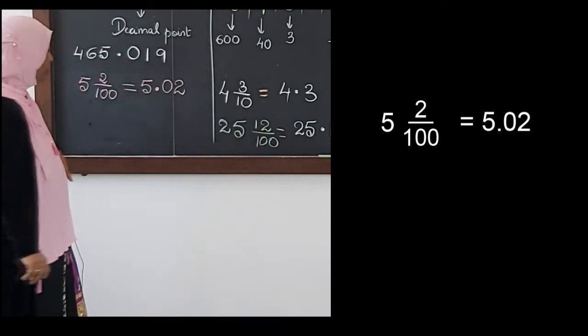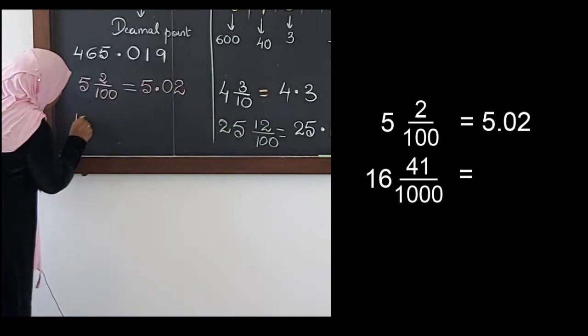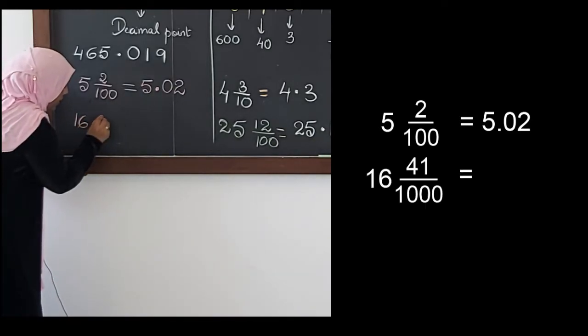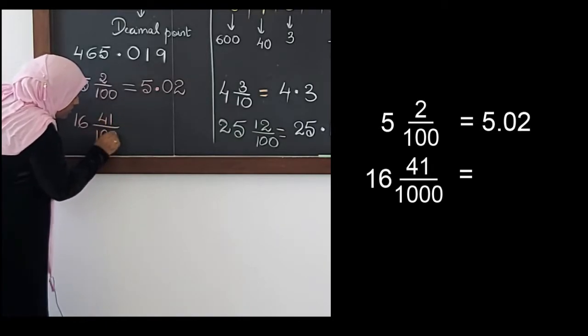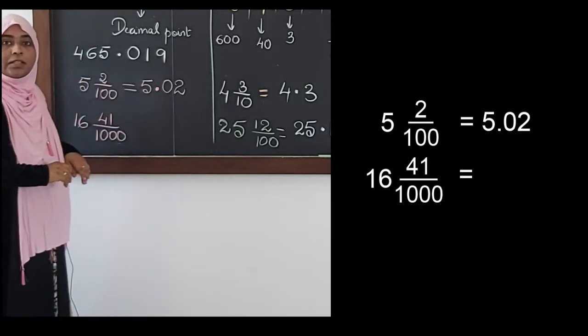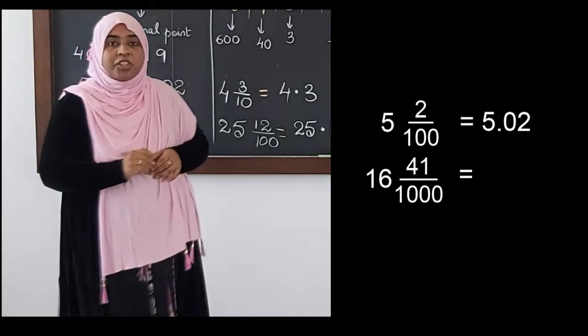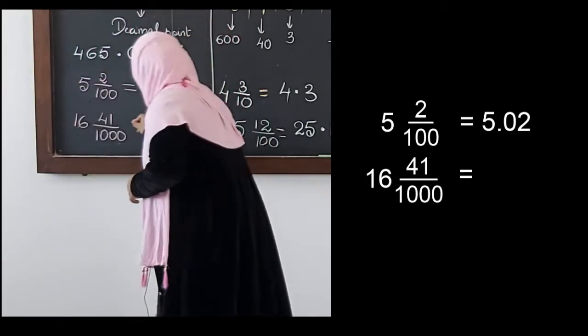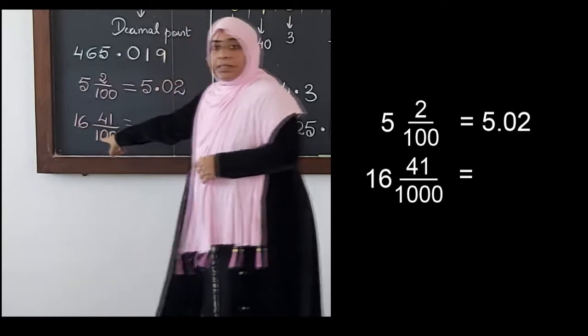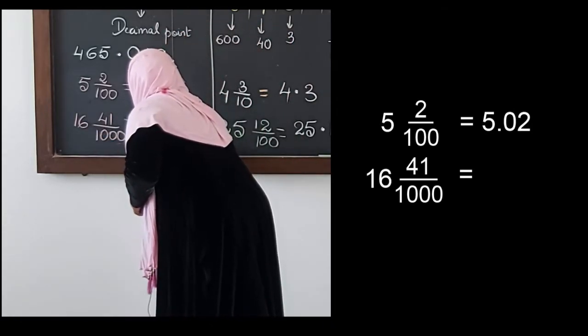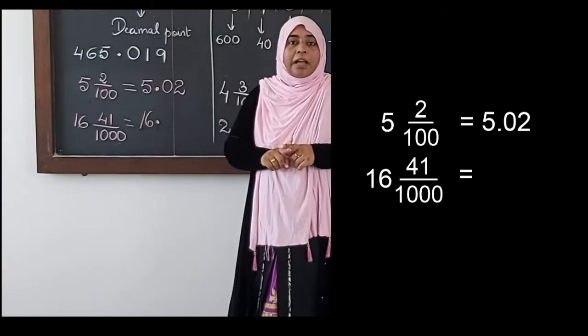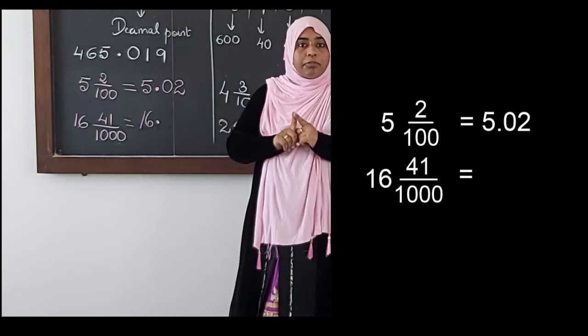Okay, let me show you one more example, say for example 16 and 41 by 1000. How will we change it to a decimal number? My whole number part is 16 point, and the fractional part I have is 41 out of 1000.